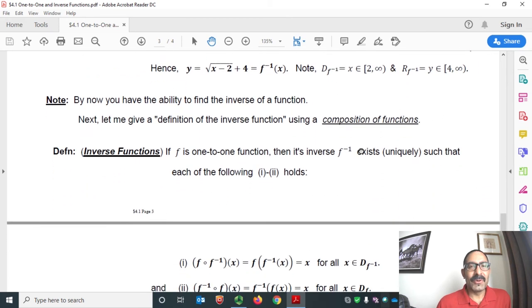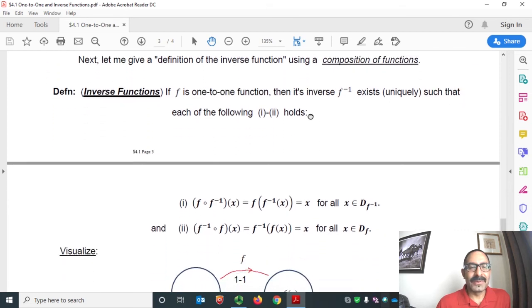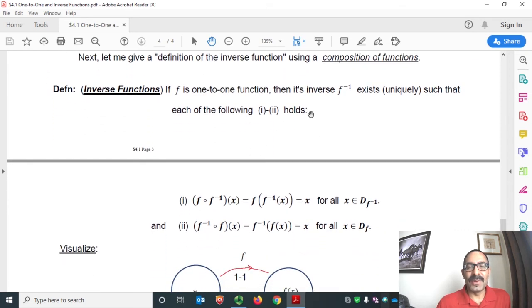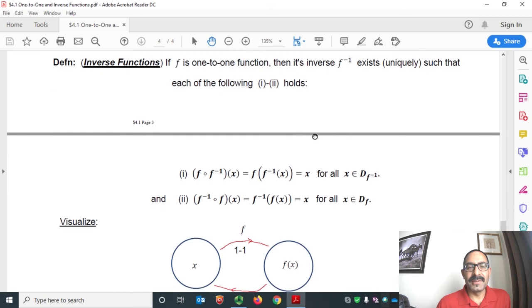By now you have the ability to find the inverse of your functions. Now let me give you a definition of the inverse functions using compositions of functions. If f is a one-to-one function, then its inverse exists such that each of the following holds.